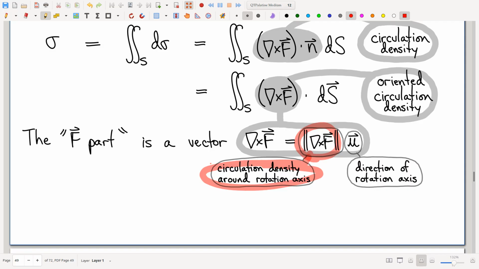Is it a tornado level of rotation, or is it just kind of a gentle, residual, little weirdness of just a micro rotation? Okay. All right. And the direction, just like you would expect, that U vector points in the direction of the axis around which the rotation is happening.